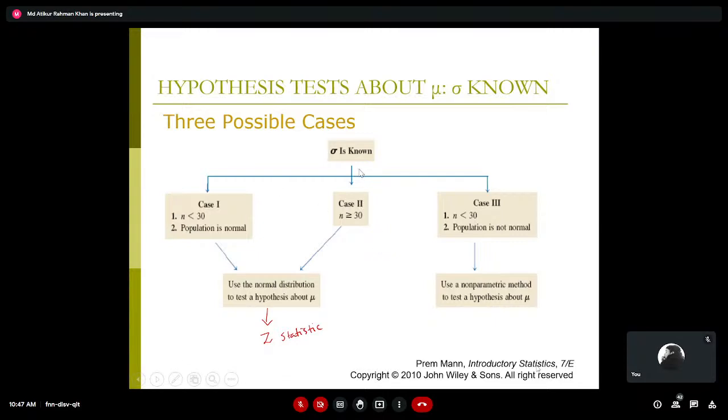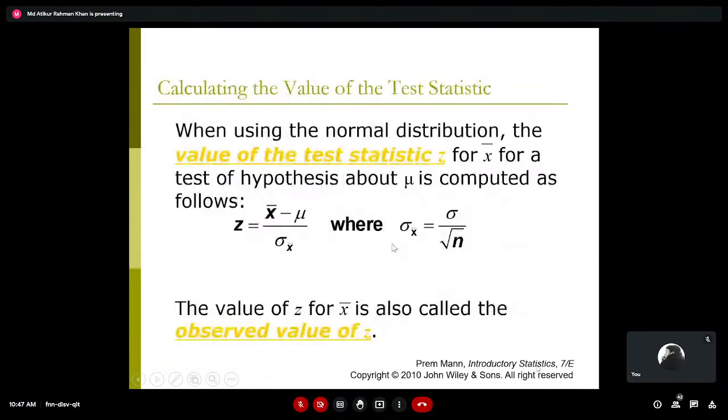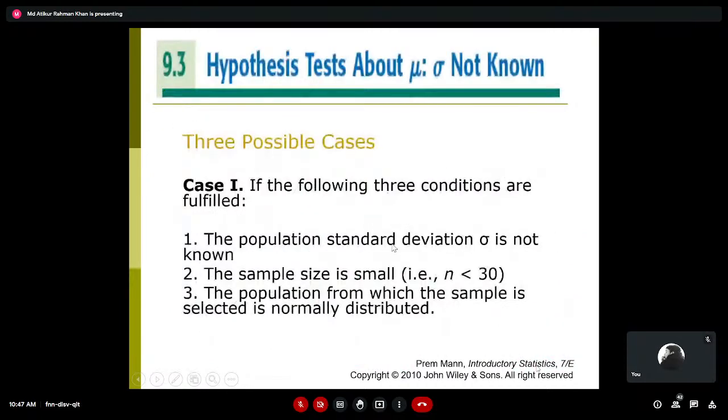We wrote sigma unknown, and when sigma is not known, we'll just write sigma is not known. Case 1, whatever. Here, the only difference is we use the T distribution to do the hypothesis test, and we calculate the T statistic. You can see from here, hypothesis test about mu when sigma is not known.